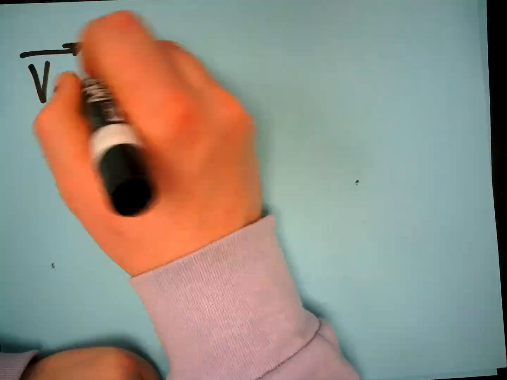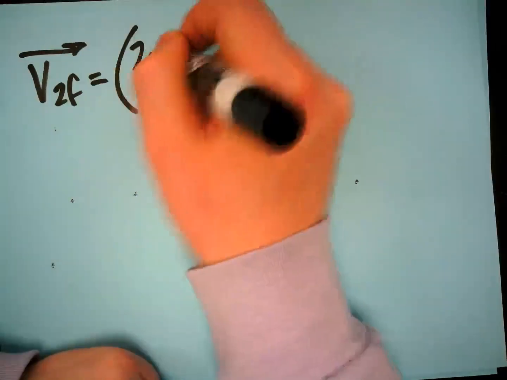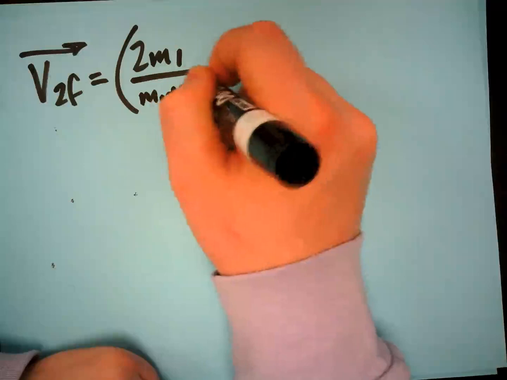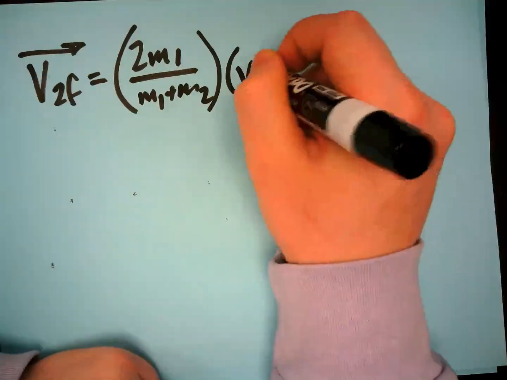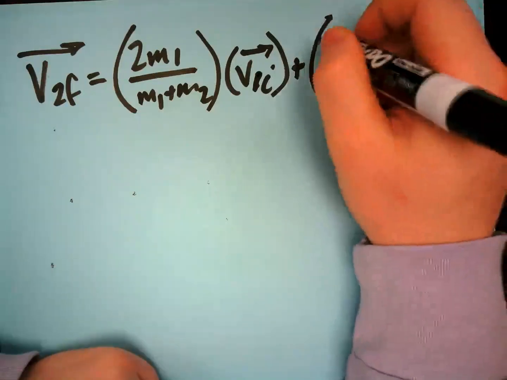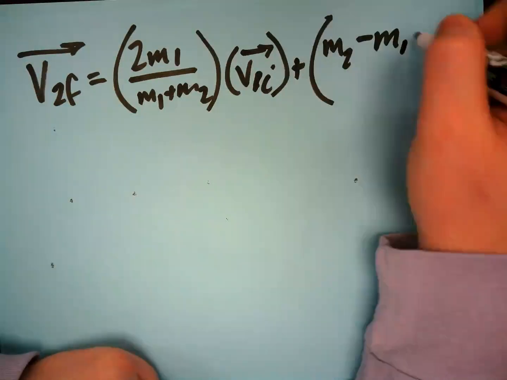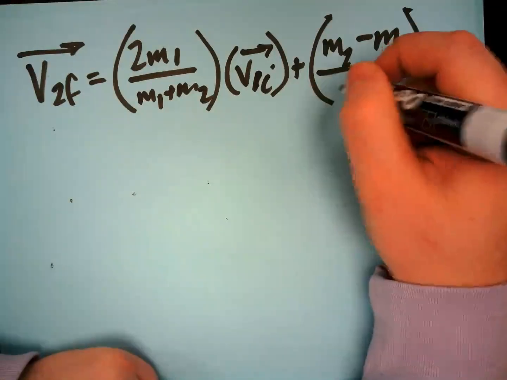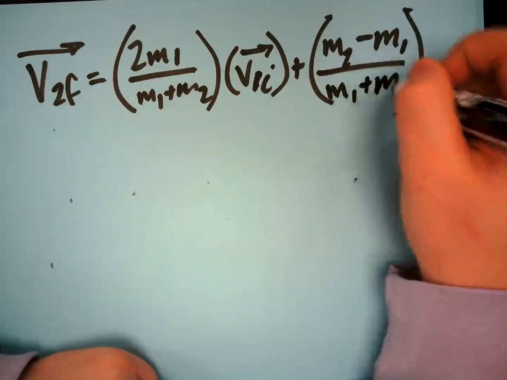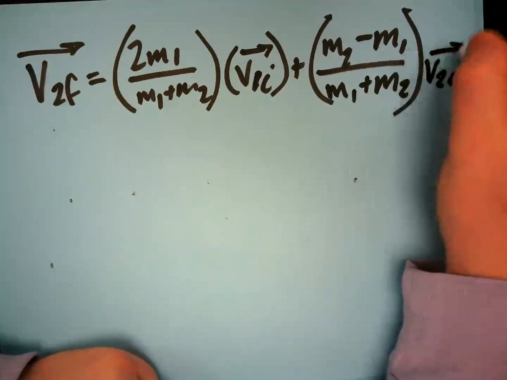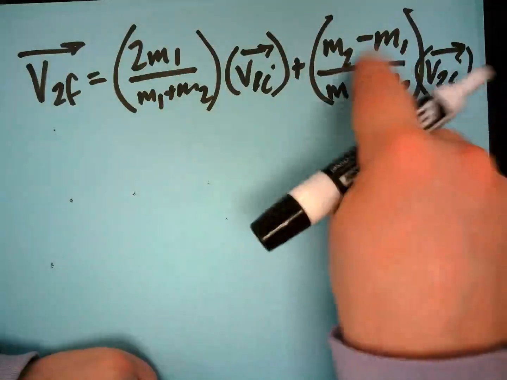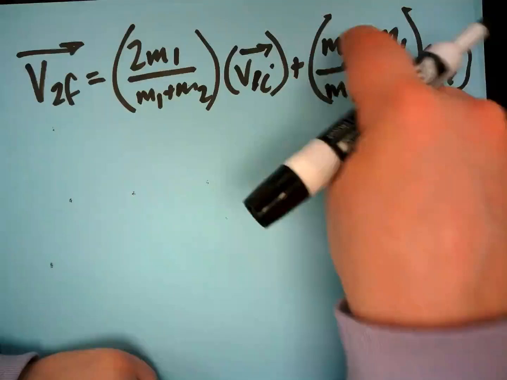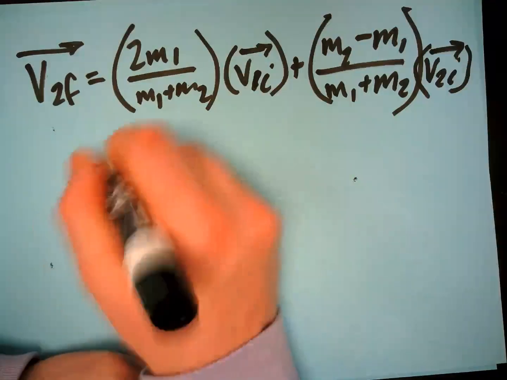Looking at that again, it would be 2 m1 over m1 plus m2 times... I think I see it now. Yep, I think I see it. M1, it's right here. I wrote this down, but I plotted it in backwards. I put m1 minus m2, so that's probably where I went wrong.